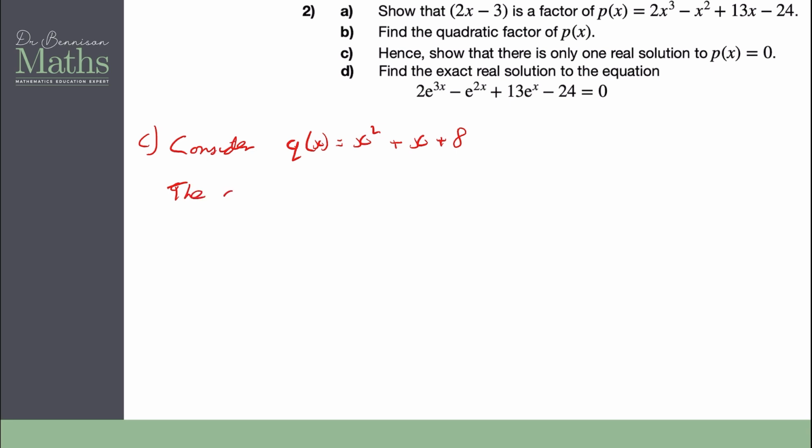So I can now work out the discriminant, because remember the discriminant is what we can use to categorise the type of roots of a quadratic.